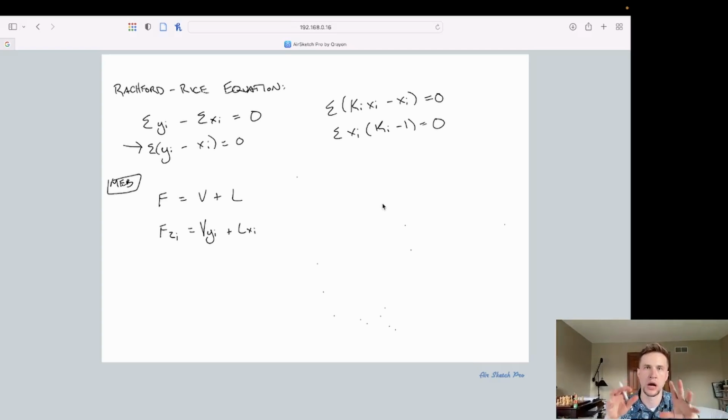Now, what we can do to move forward from this step is we want to be able to express our mole fraction in the liquid phase, so xi, in terms of our zi, because we know the composition of the feed that is coming in, and xi is what we don't know.